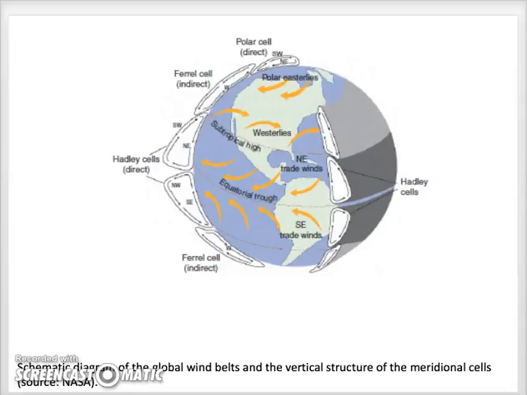In the mid 19th century, air motion in middle and high latitudes was identified to be mainly horizontal and to move in circular paths around low and high pressure systems.